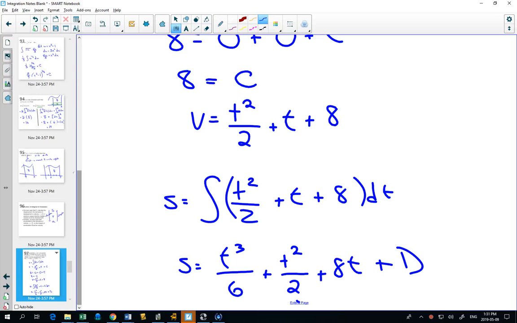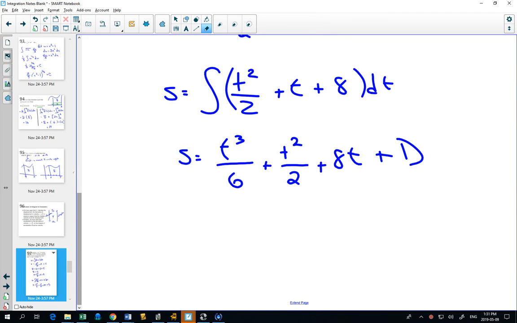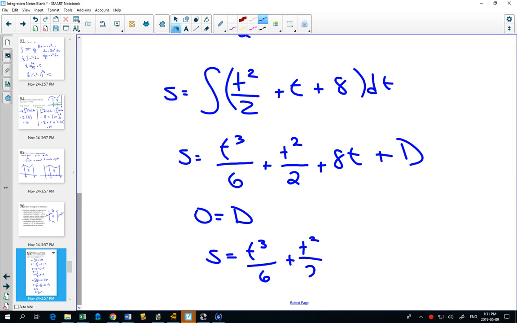If you plug in, since the displacement is 0 at time 0, we can solve by putting in 0 for t and 0 for s and find out that d would also be 0. So our final equation for our displacement would just be that. So I'd like you to try the next two.